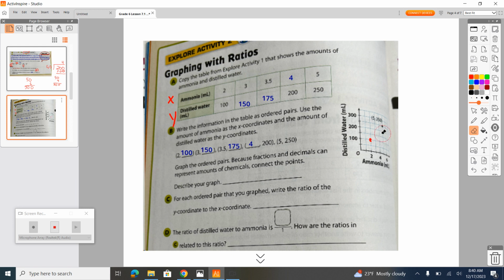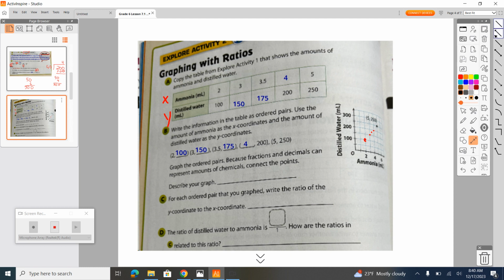So let's see, 3 would have been here. 3.5 is halfway between 3 and 4. 175 on the y-axis is halfway between 150 and 200. And if you're not sure how I'm graphing these points, then take a moment when this video is over and talk with your teacher and make sure you understand.